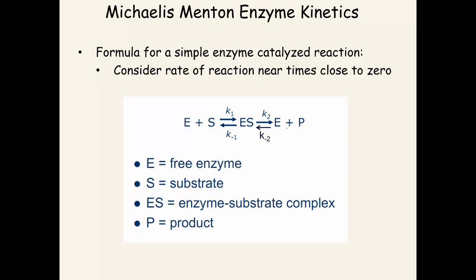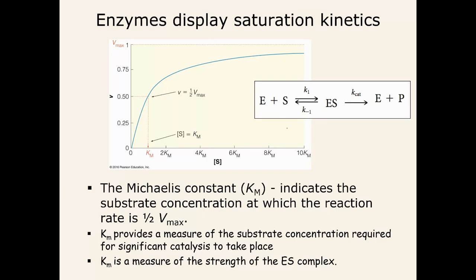I'm going to click again. Now at half of Vmax, so if our Vmax is 1, at 0.5, if we read across and go down, we recognize the substrate concentration that it takes to reach half of Vmax, and that's Km.